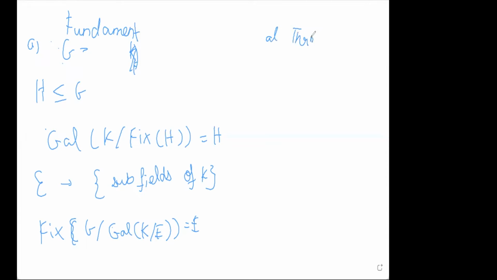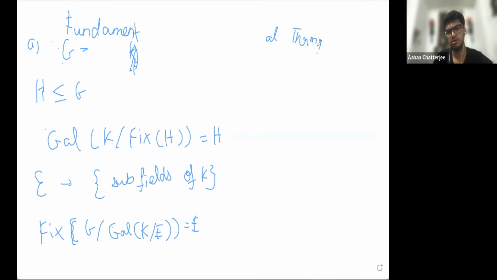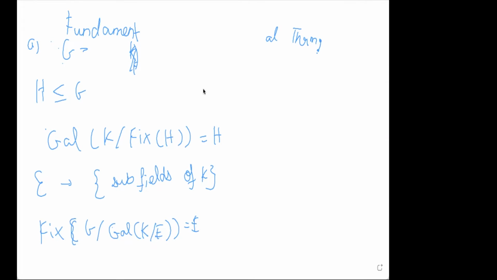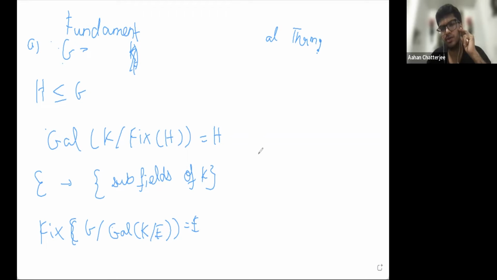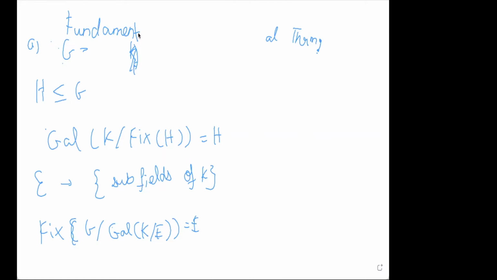Can you go to the previous slide once? Oh, sorry, I cleared that slide. Did you have any doubt in that? What was Gal again? Do you understand what the automorphism group is? Yes.